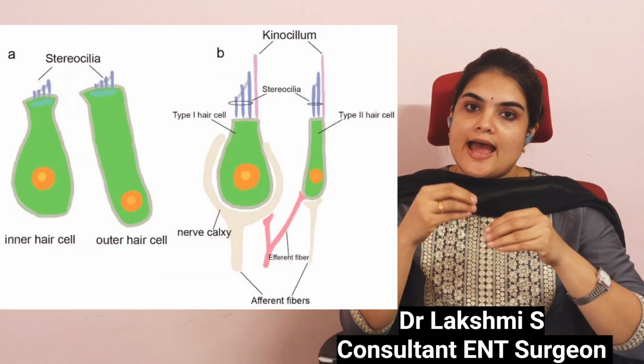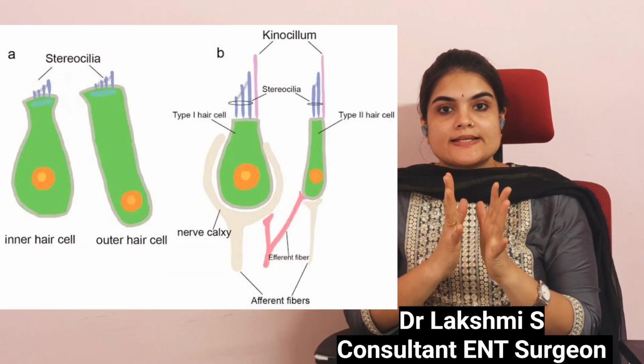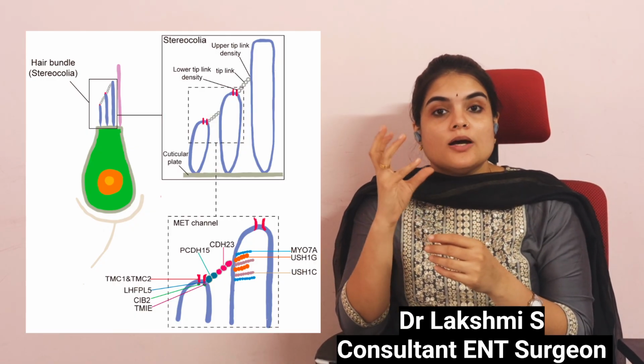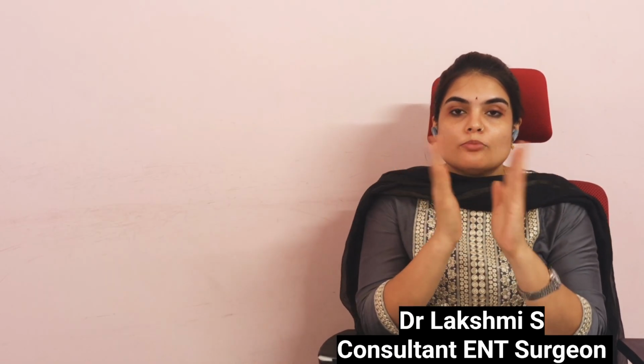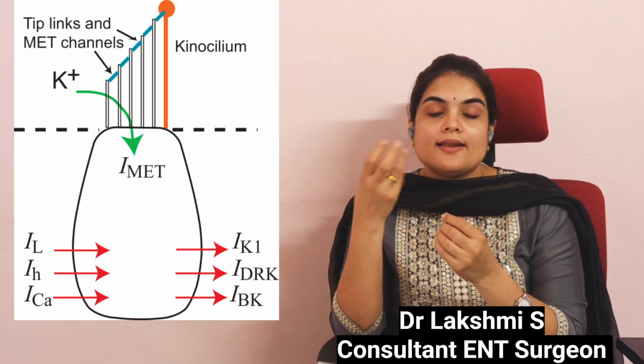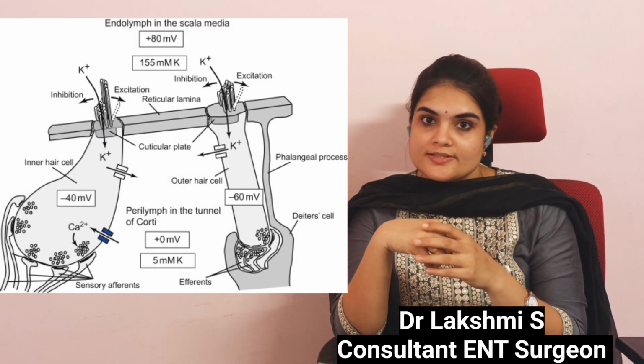And these inner hair cells and outer hair cells have projections known as stereocilia. These stereocilia are highly organized, they are actin filled, and they have potassium channels. So any movement or deflection of the stereocilia will open the potassium channel and cause depolarization of the cell, and that is how the sound is conducted.